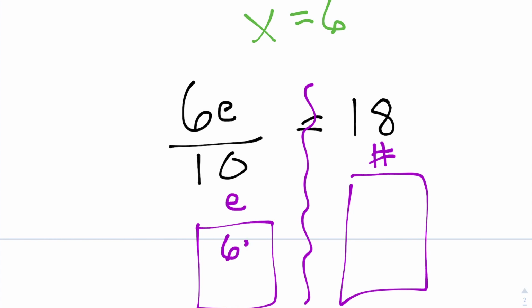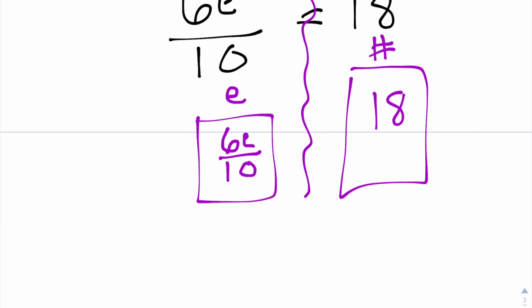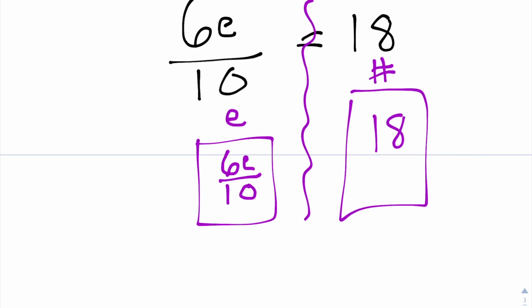I'm going to do 6e over 10 and drop my 18 down in. Okay, now I need to remember that I have both a multiply on the top and a divide on the bottom. And I'm always going to go ahead and start with the bottom part.